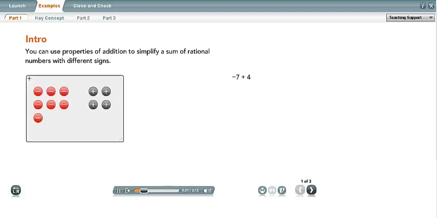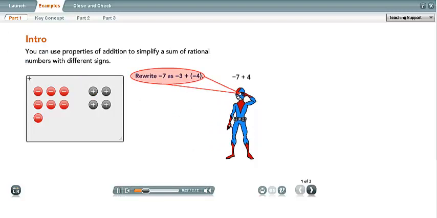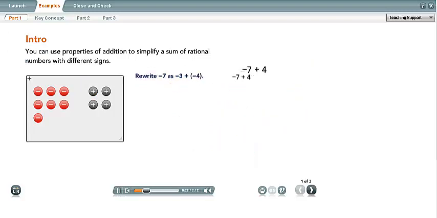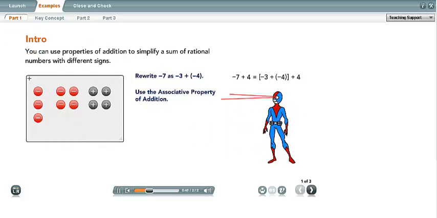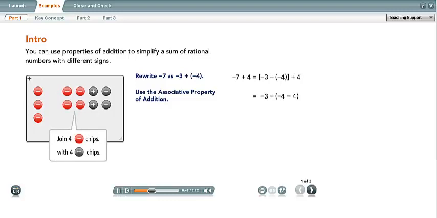For example, simplify -7 plus 4. Rewrite -7 as -3 plus -4. Group 4 negative integer chips. Use the associative property of addition to regroup the addition. Join 4 negative integer chips with 4 positive integer chips.